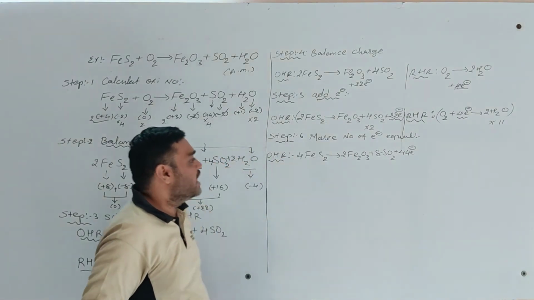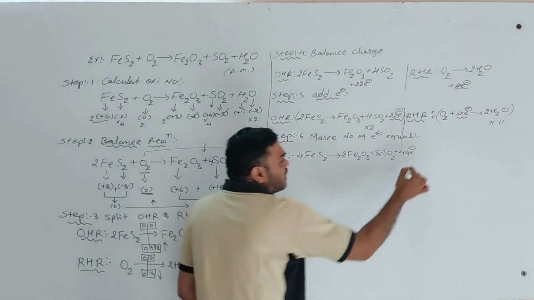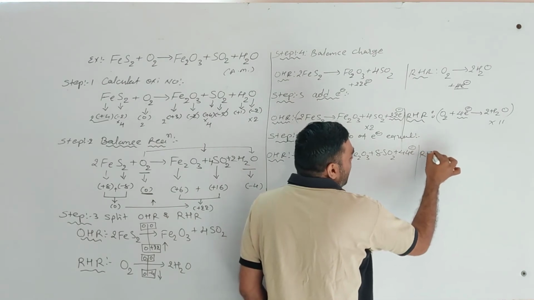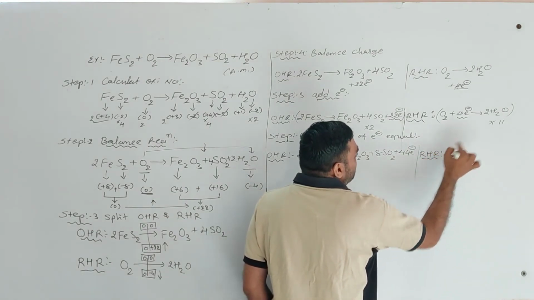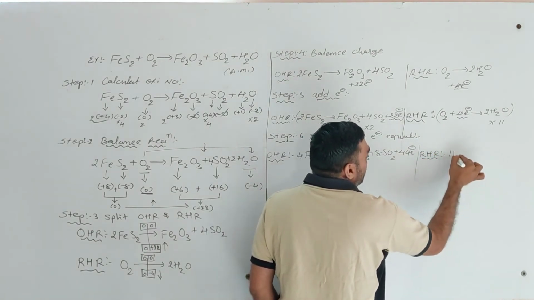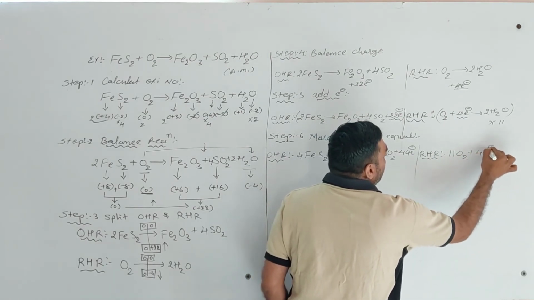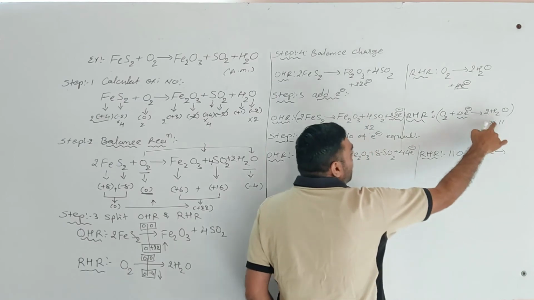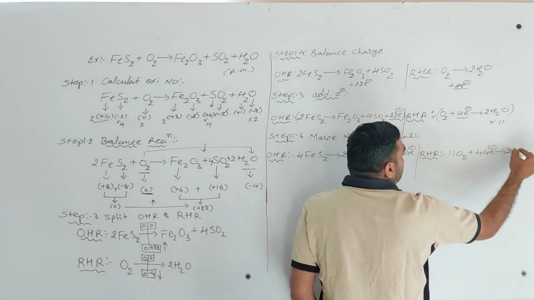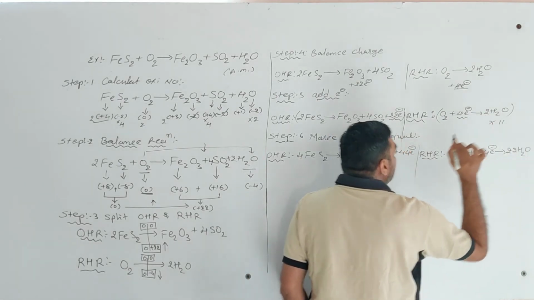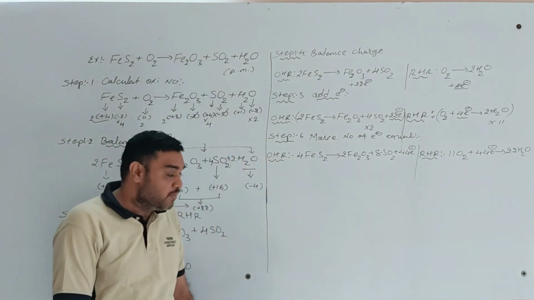That you understood very well. Similarly, the reduction half reaction RHR multiplied with 11: 11 O2 plus 44 electrons gives 11 2s are 22 H2O. That you understood very well.